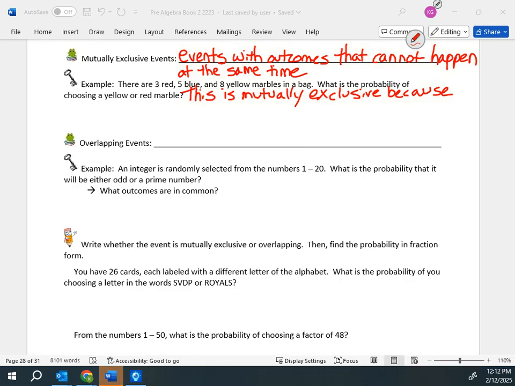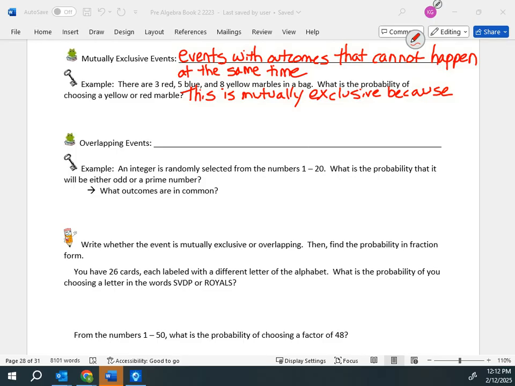Because you can't pick at the same time. I don't know why mine says red and a blue, but you are correct.